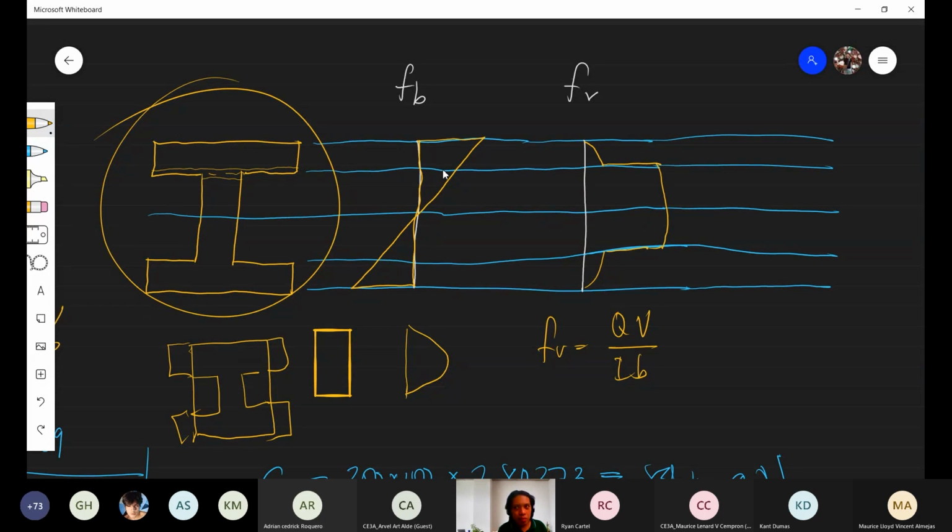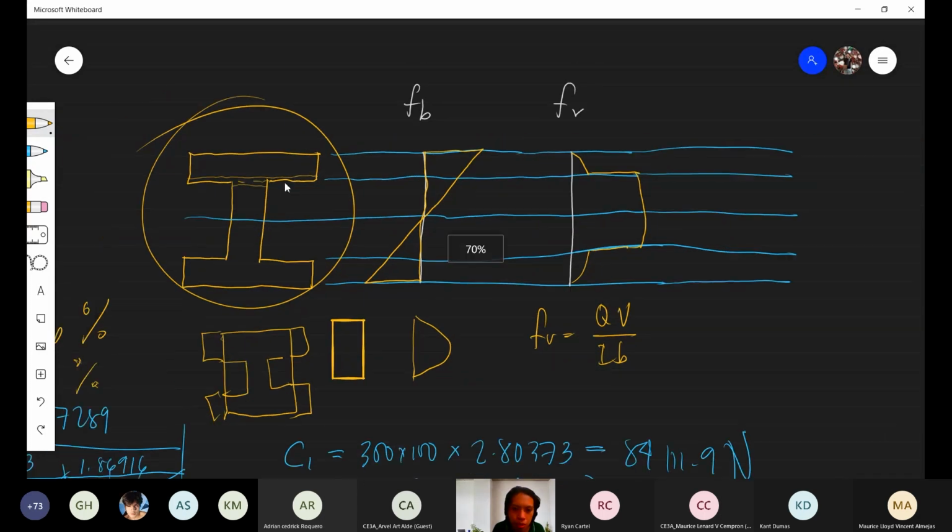Less material, but it carries more stress. That means its capacity is greater in terms of stress, both bending and shear. So that's it.